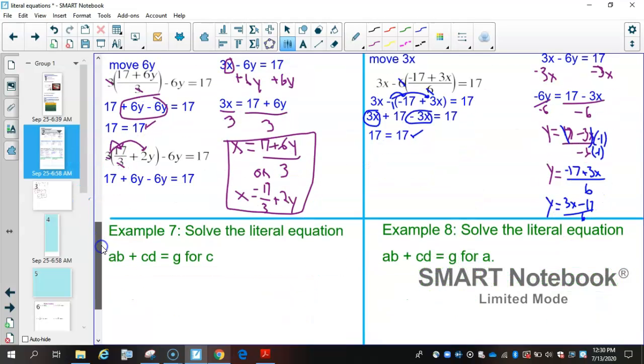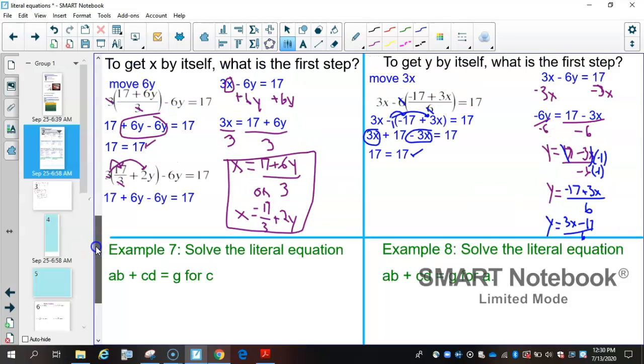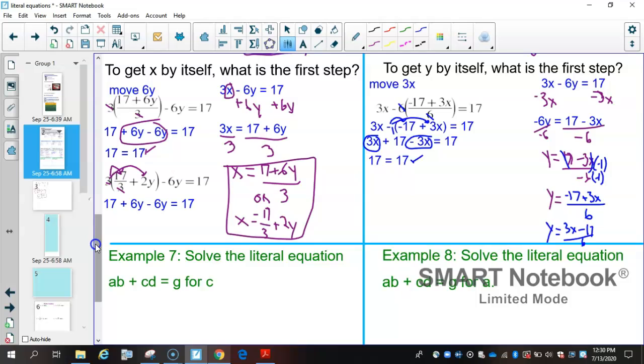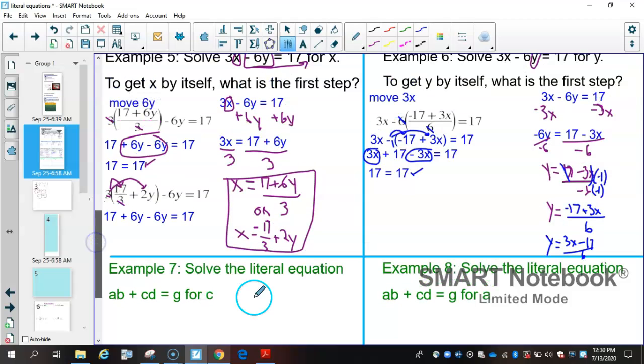Moving right along, now these two are very similar to the last two we just did, except now these have no numbers at all whatsoever. So if needed, go back, take a second and look. Here I'm solving the literal equation for C. This is similar to the example we just did, because what we're solving for is in the second term.